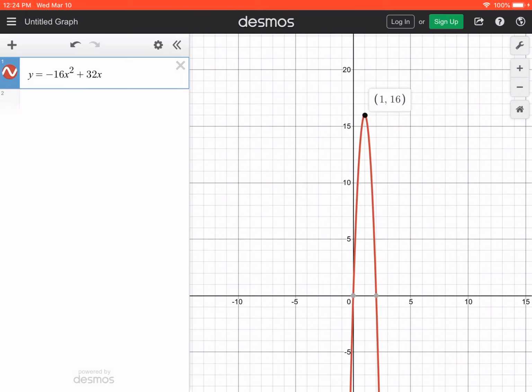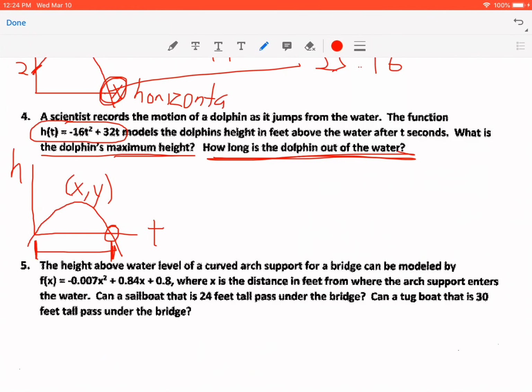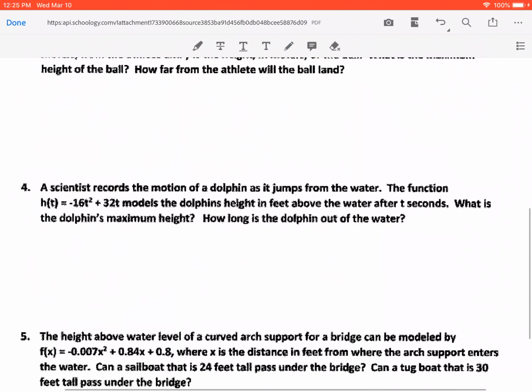How long was the dolphin out of water? Should have been 2 seconds. When he landed back in water, the time was 2 seconds. So again, it's always asking the same questions for the most part. So what was the dolphin's maximum height? We said 16 feet. And how long was he out of water? 2 seconds. All right, this last one's a good question.